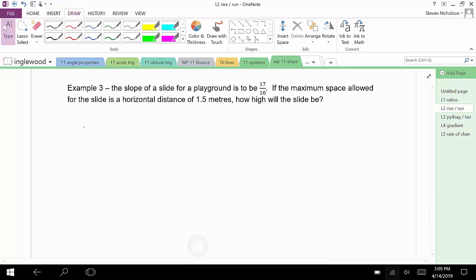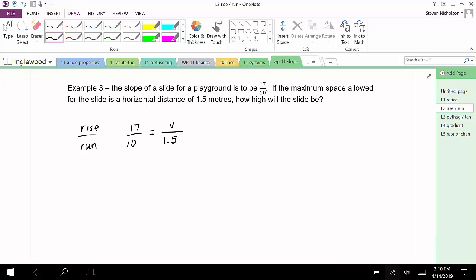So again, we're going to use that word slope to set up our proportion, and we are told that the slope is 17/10, and we are given in this particular example that the horizontal distance is 1.5, and what we want to find is the vertical distance.